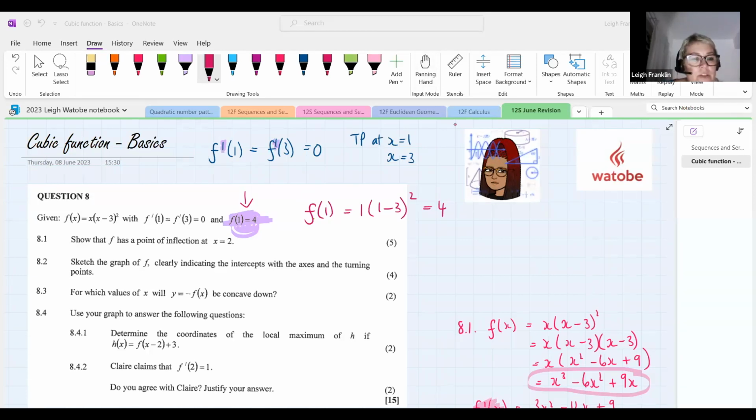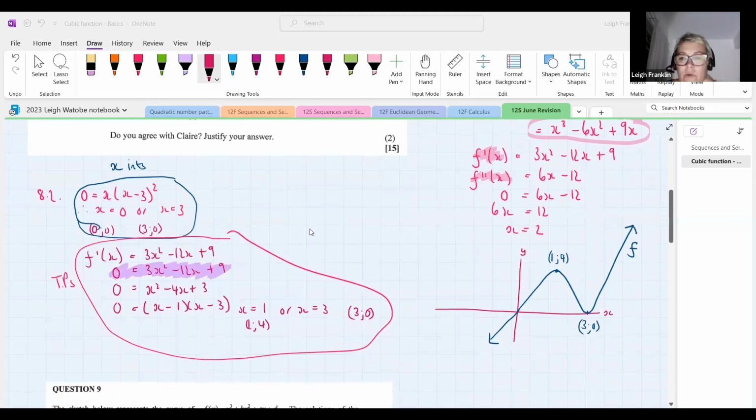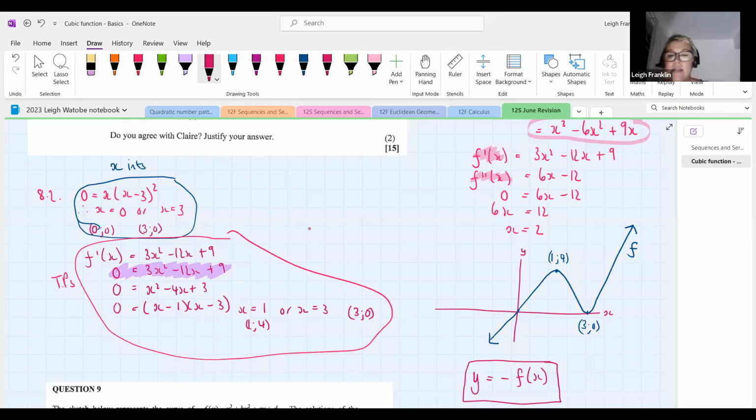For which values of x will y equals minus f of x be concave down? Right, so let's go and have a look at our graph, and they're talking about y equals minus f of x. So if we consider this, what have they done to f of x to get minus f of x?